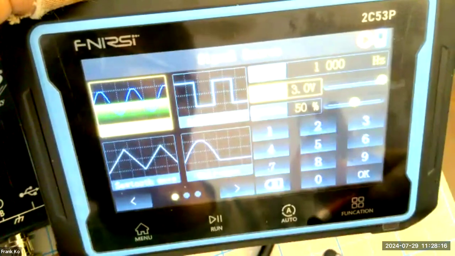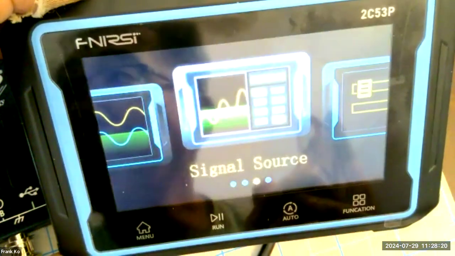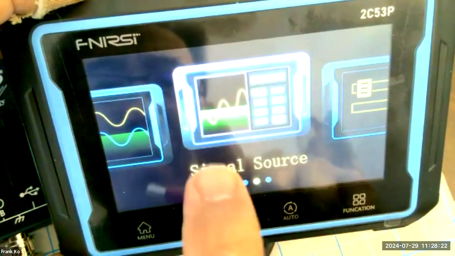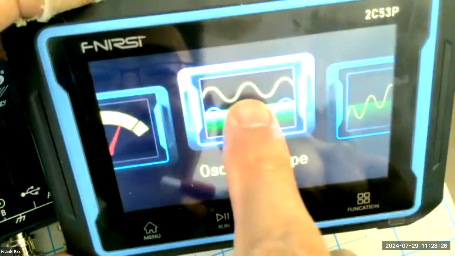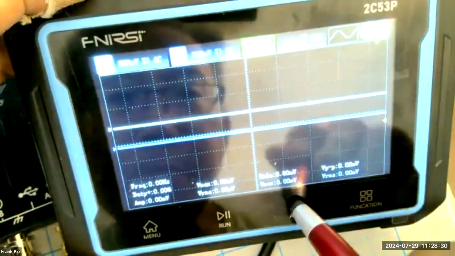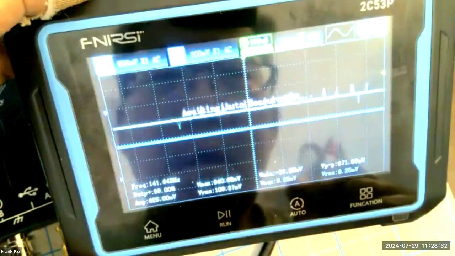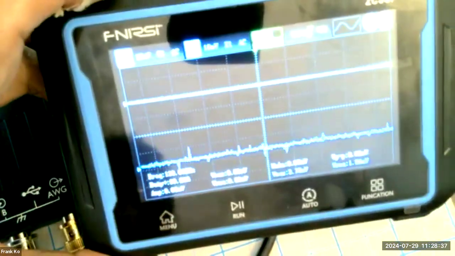My signal source is now set. Okay, hit menu. And then from menu, I'm now going to go over to Oscilloscope. Oscilloscope function, I'm going to touch Oscilloscope. And once I touch Oscilloscope, I can hit auto if my signal generator does need to be on.